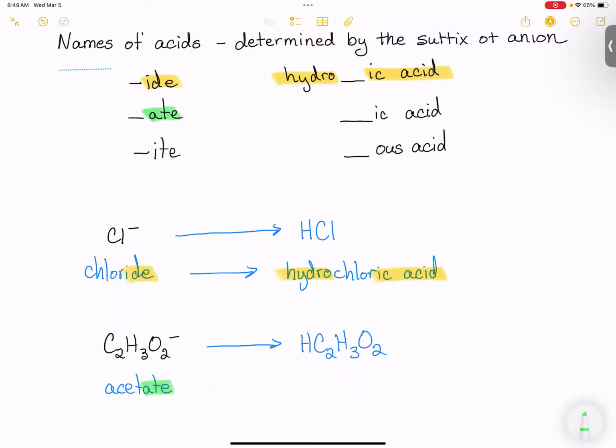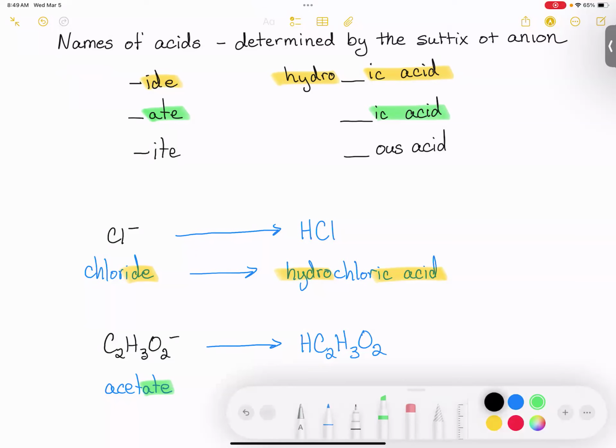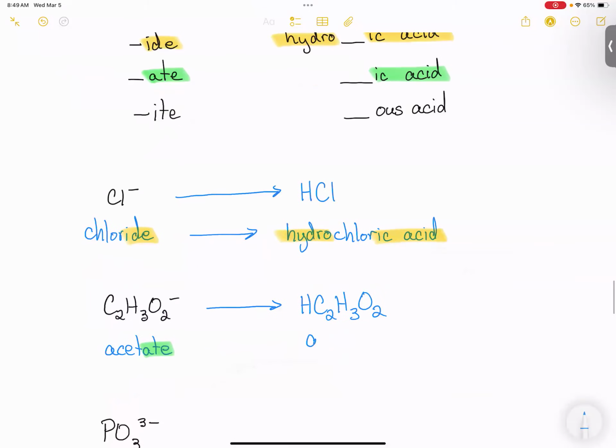Because it has the ending ATE, the acid is going to be the root of the anion followed by ic acid. So this is acetic acid.